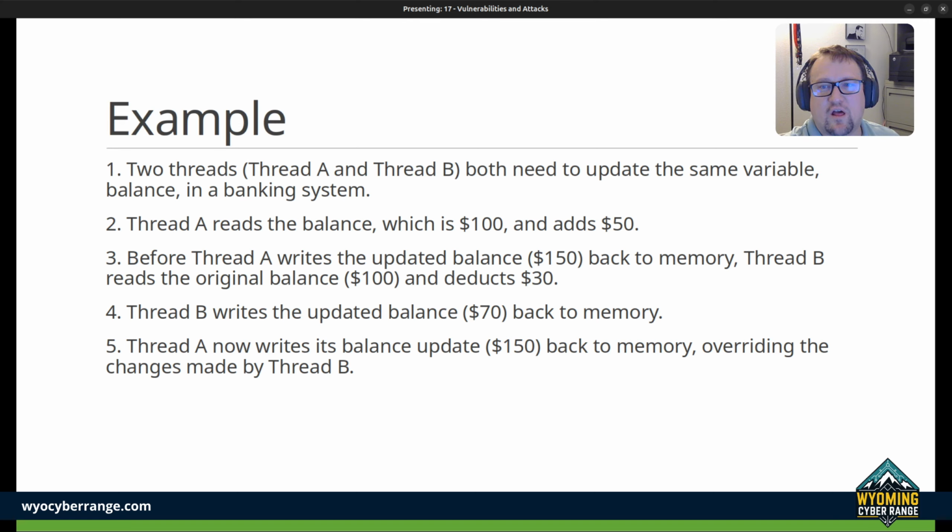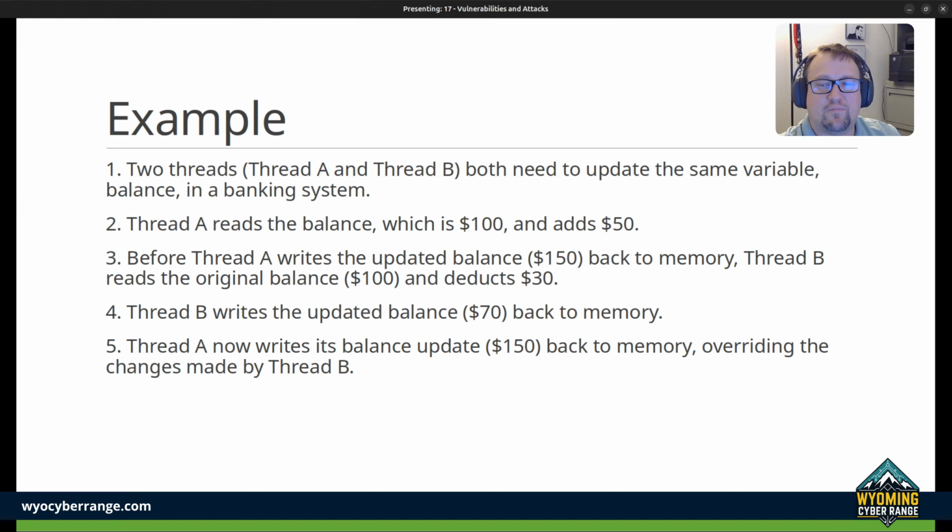So here's another example from the banking industry. Let's say you have $100 in your account. Thread A reads the balance, which is $100, and adds $50 to thread A's internal value. So now you should have $150. But before thread A writes the updated balance of $150 back to memory, thread B reads the original balance of $100 and subtracts $30. Now thread B's internal value is $70.